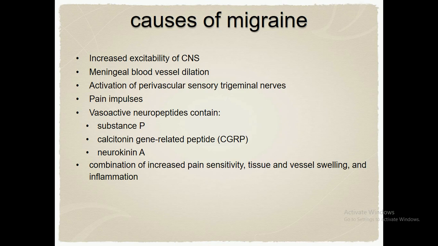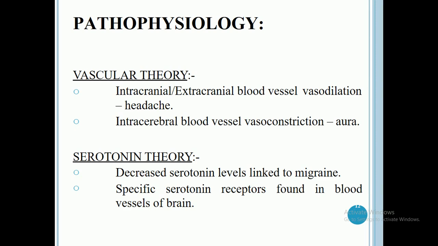Vasoactive neuropeptides contain substances like substance P, calcitonin gene-related peptide, CGRP, and kinins. A combination of increased pain sensitivity, tissue and blood vessel swelling and inflammation. So these are the common causes reported by different literatures.